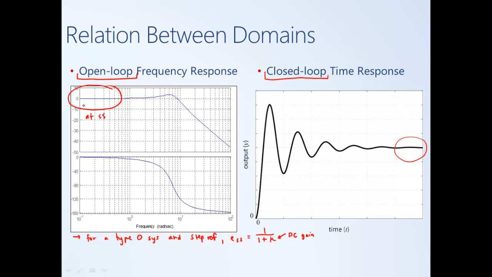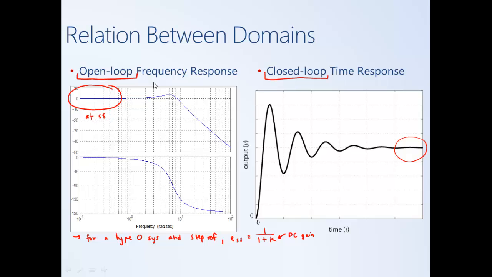So at low frequencies, a system tends to have a magnitude that's 0 dBs or greater, meaning you put in a sinusoidal input and the output is either equal in magnitude or it's amplified. As you make the input faster and faster, with a higher frequency, oftentimes the system can't keep up. And so it starts to attenuate the input.